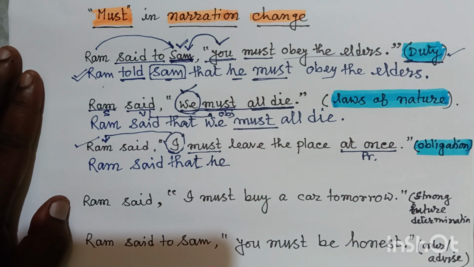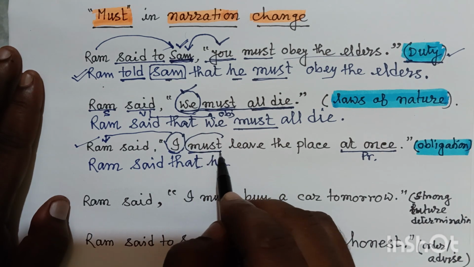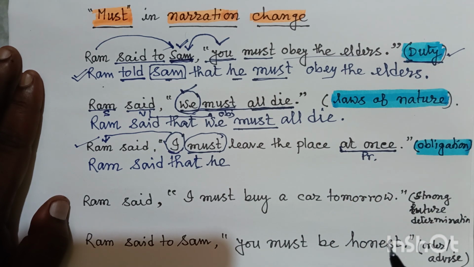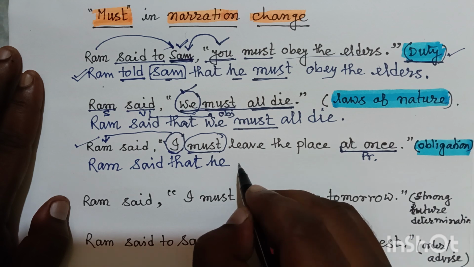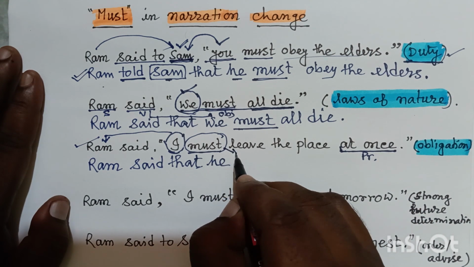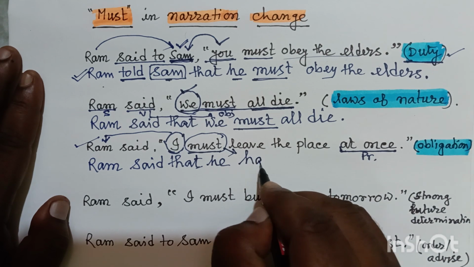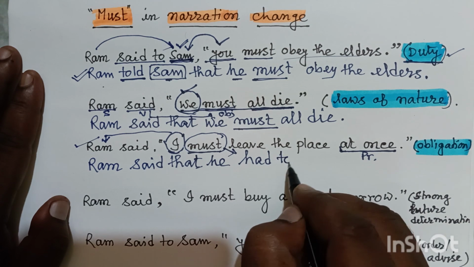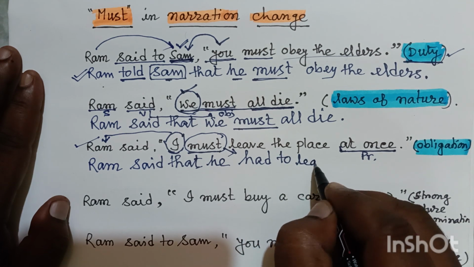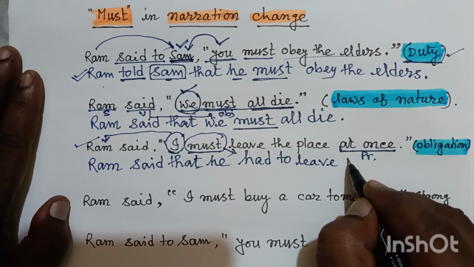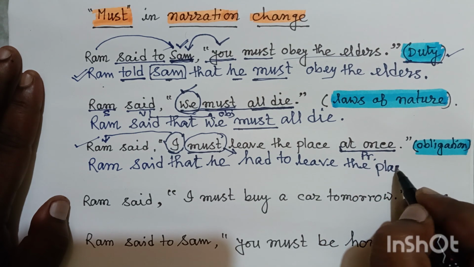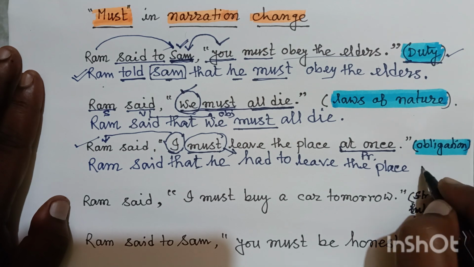Now here friends, the term must, and you have seen from the expression of time it is present tense, so obviously we have to make it past, and this must will be changed here as had to. That means Ram said that he had to leave the place at once.